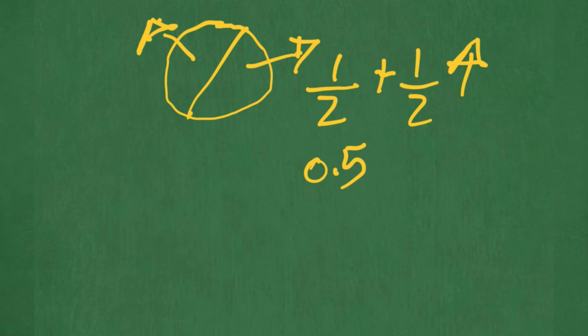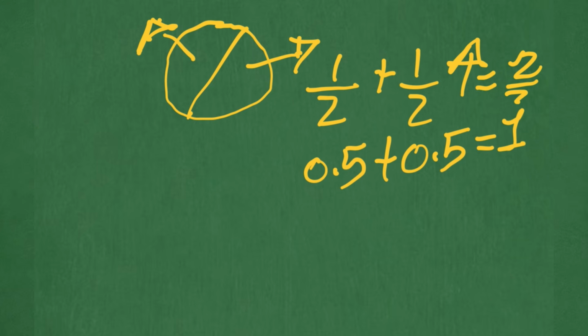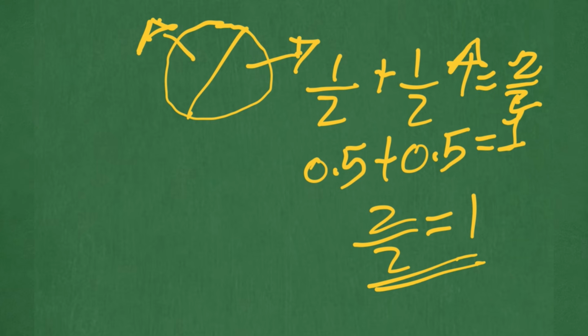So 1 over 2 means 0.5, and 0.5 plus 0.5 is equal to 1. So 1 over 2 plus 1 over 2 is equal to 2 over 2, and 2 over 2 is just 1. So this is what a fraction means.